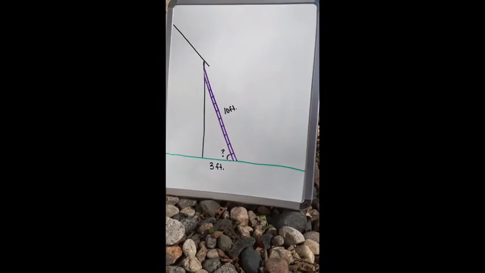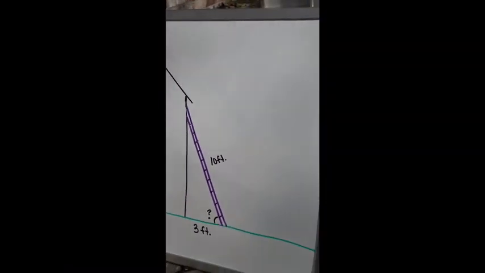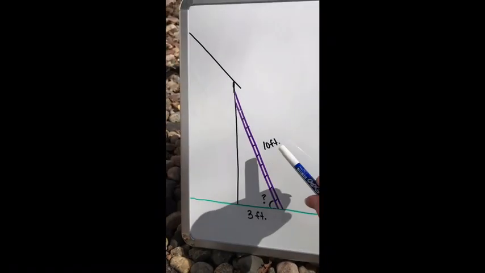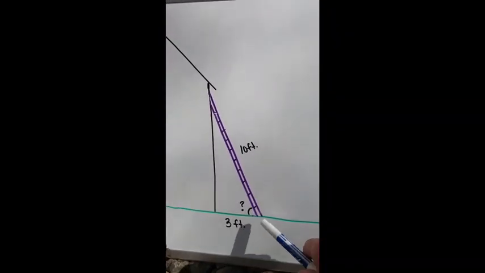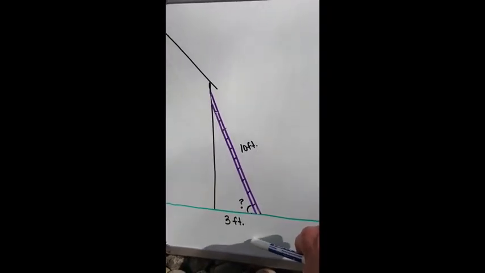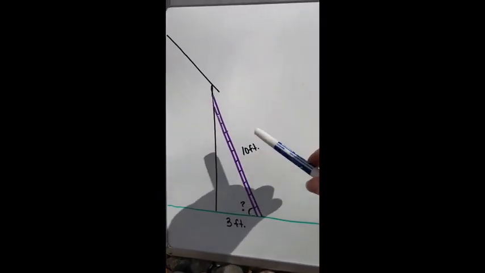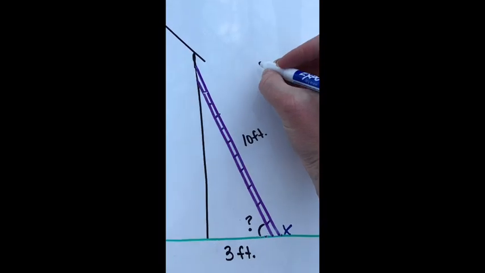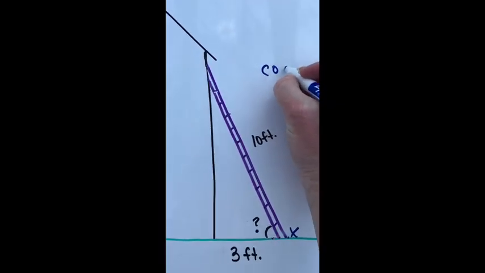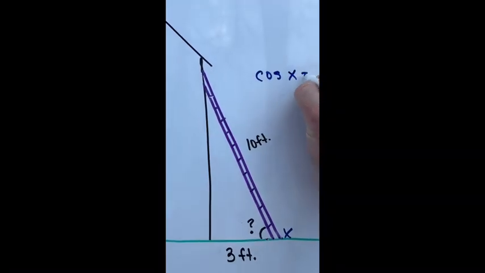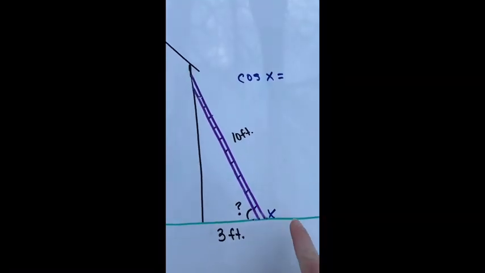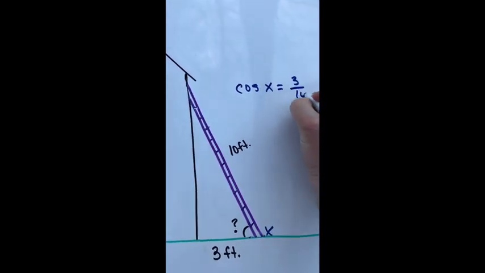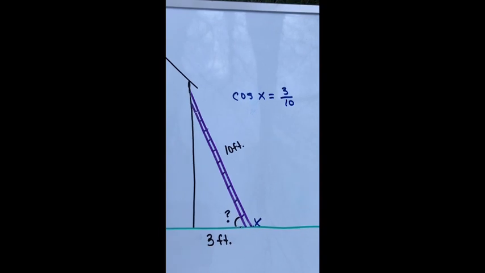If there is a way to calculate the angle, if we know the trig function, then from this angle we've got the adjacent and the hypotenuse. So we know that the cosine of angle x has to equal adjacent over hypotenuse. So it has to equal 3/10 or 0.3.